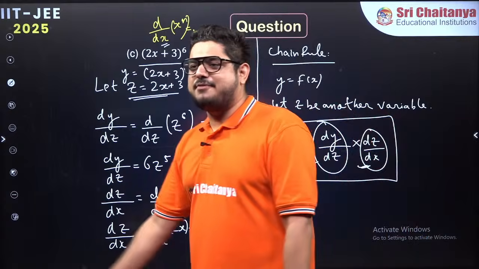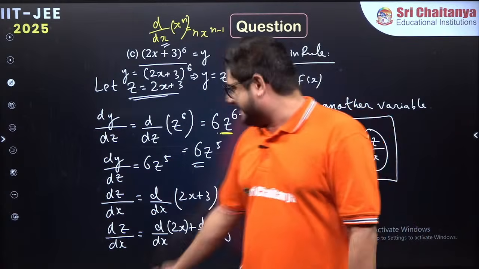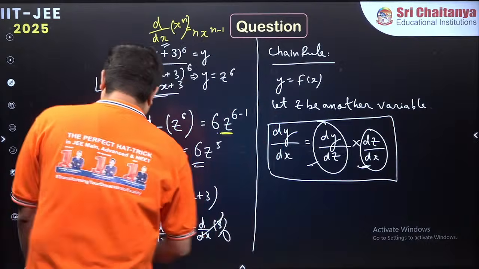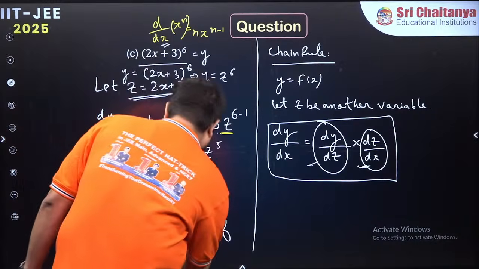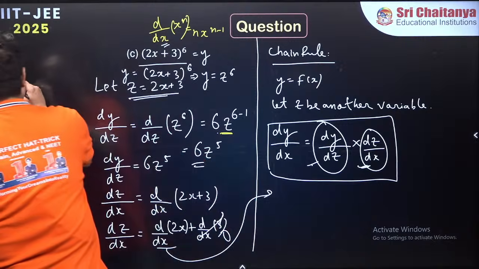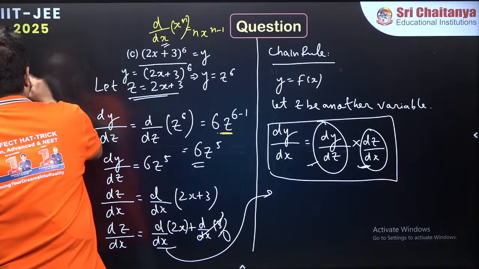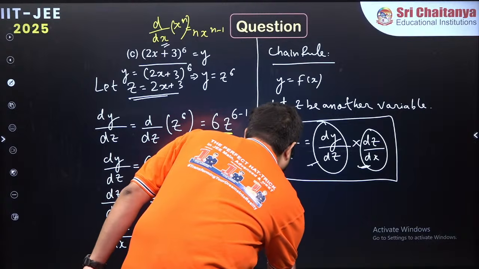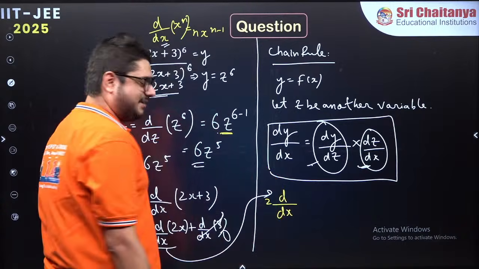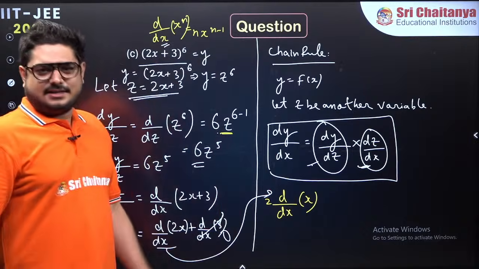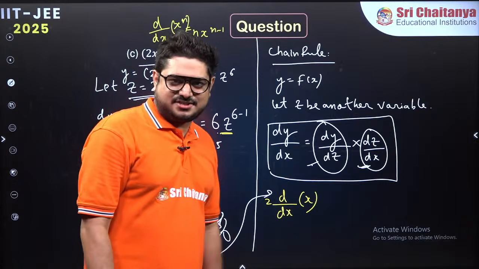Now we need to perform d by dx of 2x. So you know that, let's try to do it over here. d by dx of 2x, the 2 will be coming outside, and once again we are left with d by dx of x, isn't it?